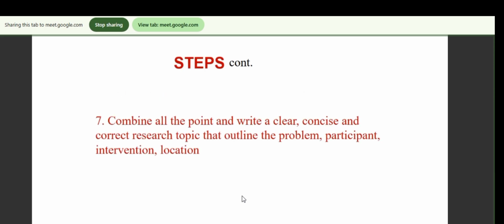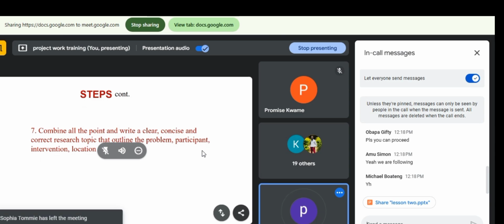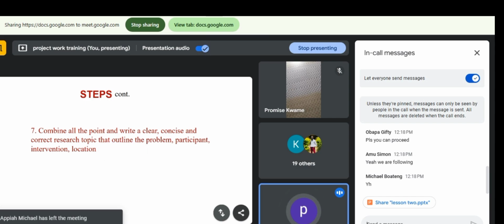And the seventh step, or the last step, you combine all the points and write a clear, concise, and correct research topic that outlines the problem, participant, intervention, then location of your students.